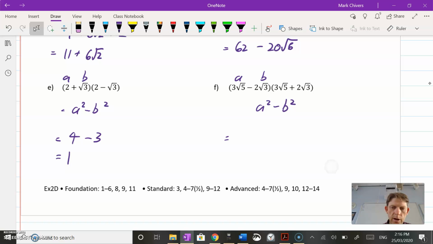So 9 times 5 is 45. And then squaring 2 root 3, well, the square of 2 is 4. The square of root 3 is 3. So 4 3s are 12. And so now I'll just take that away. 45, take away 12, that's going to give me 33. And that's how I do those ones.